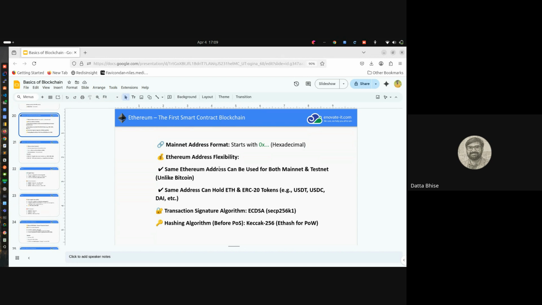Almost everything they copied. The protocol concepts are a little different, but the same address works on mainnet and testnet. The same address can hold the balance of all ERC20 tokens. And USDT, USDC are stable coin tokens: USDT on Ethereum, USDT on Tron, USDT on Binance, and many other coins. We support holding of USDT token.